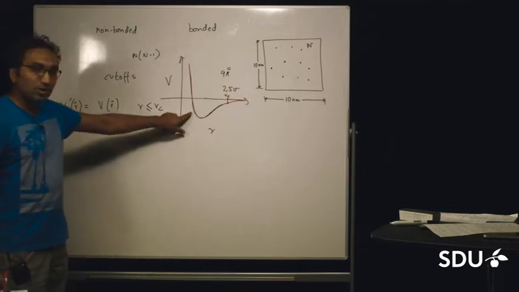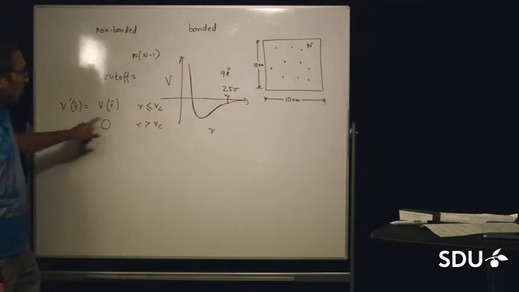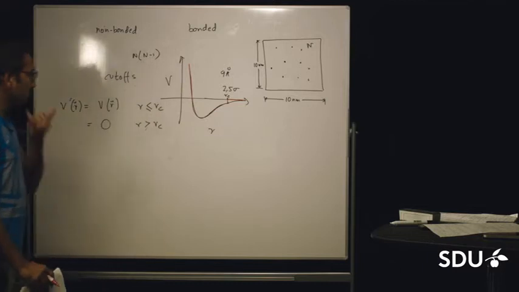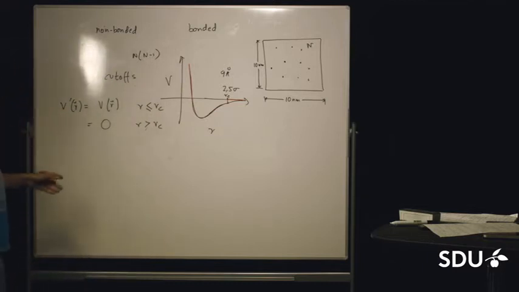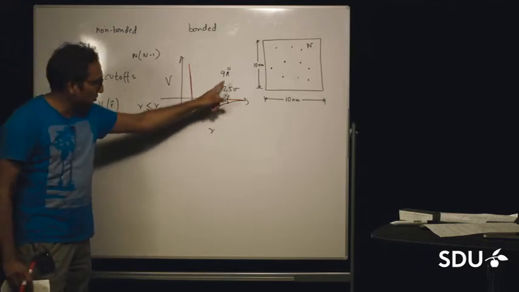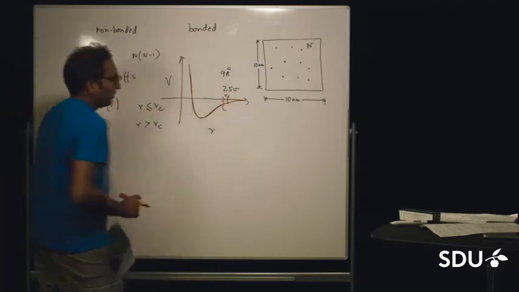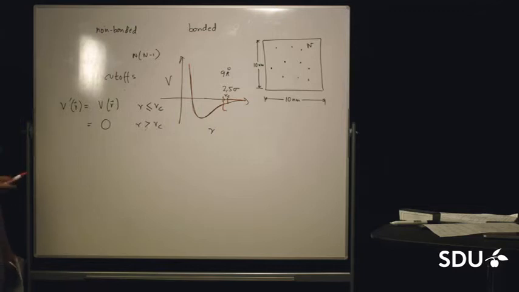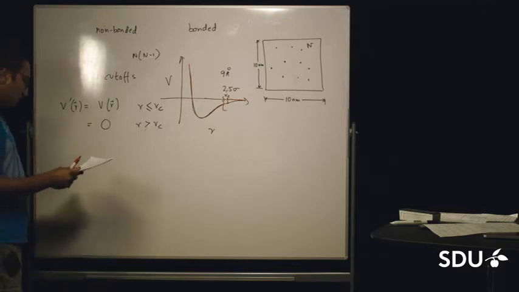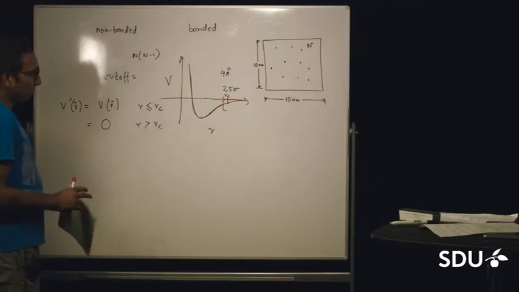So, this is my modified potential V prime(R), and the black line is the original Lennard-Jones potential. The problem with implementing such a straight cutoff is that at this point the potential becomes discontinuous. So, we have to find a better way of doing this.